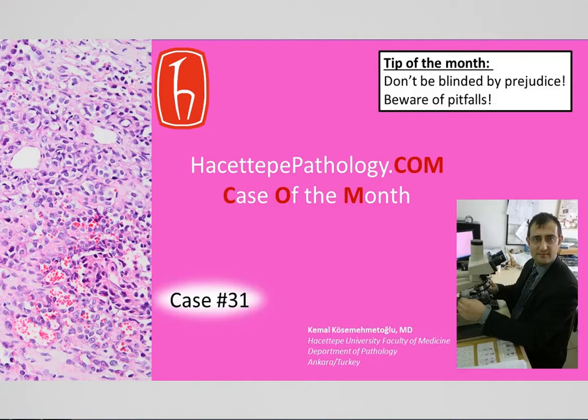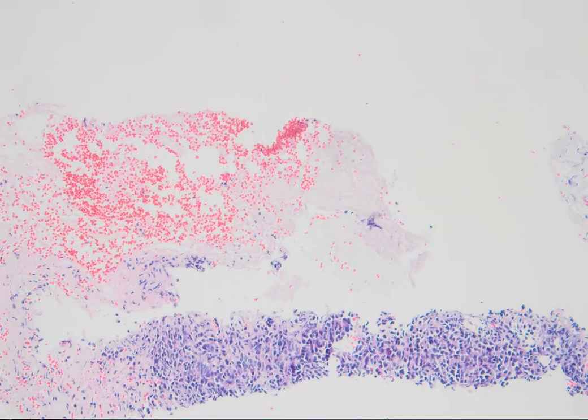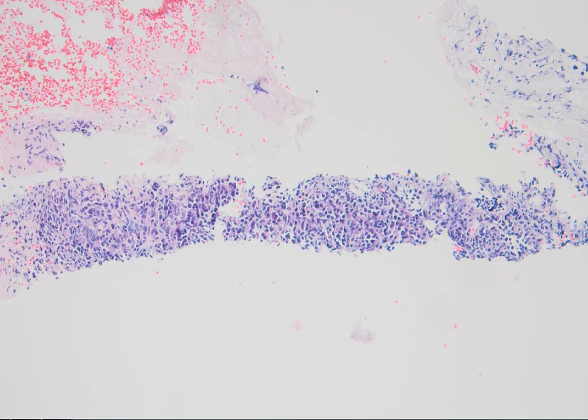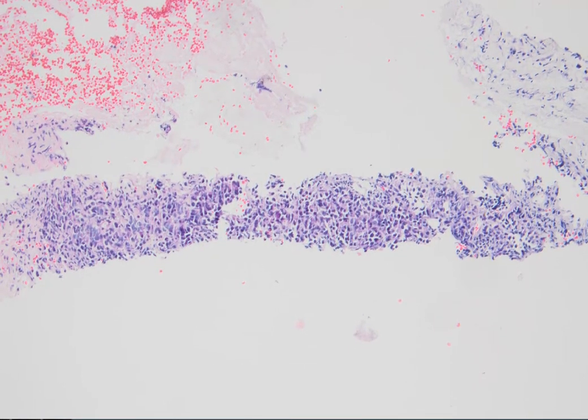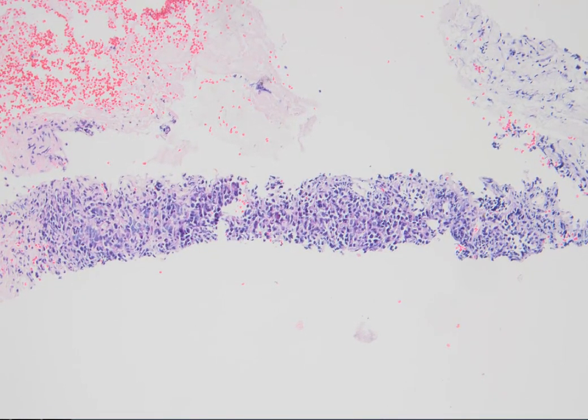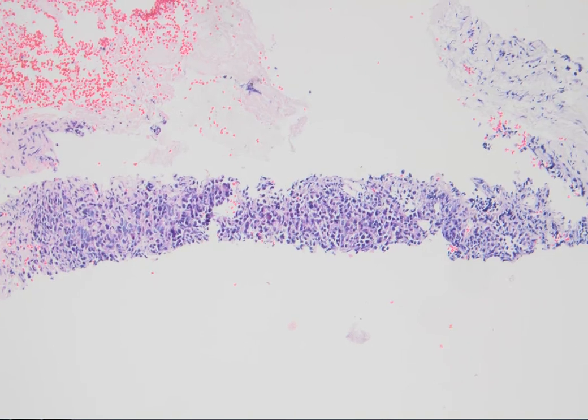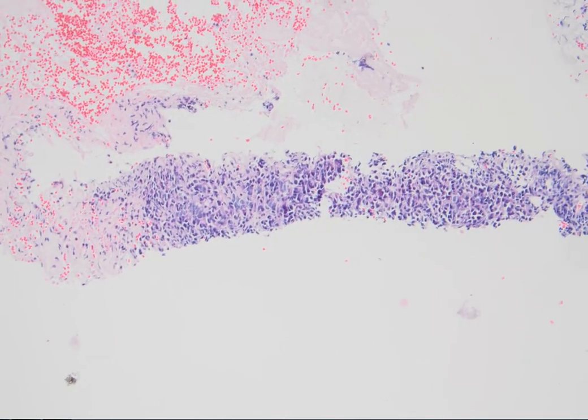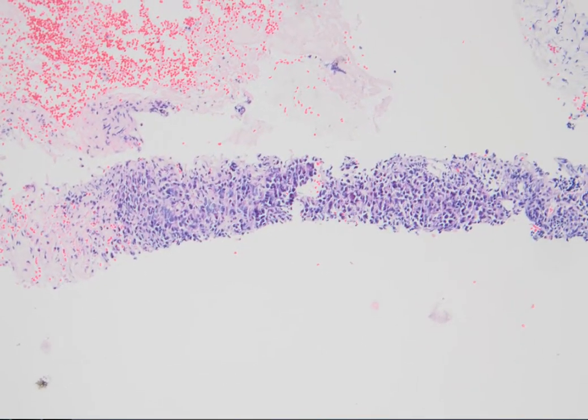They have taken a core biopsy from one of the metastases. It was consulted to our department, but the tissue was so small, and this was the only tumor left.